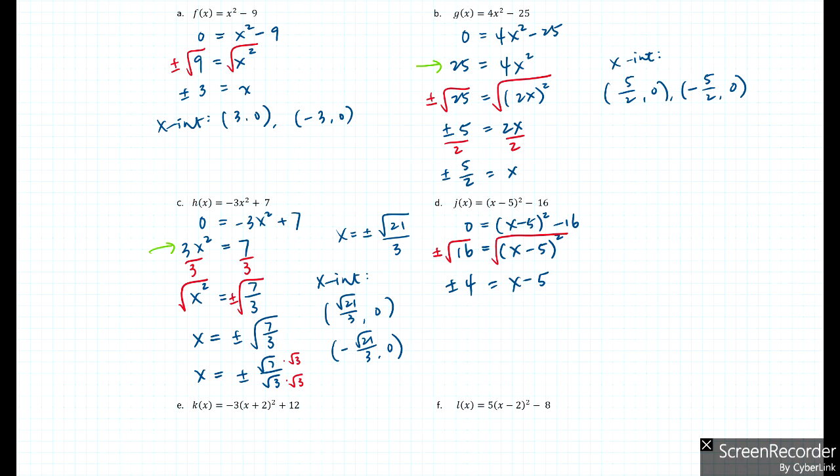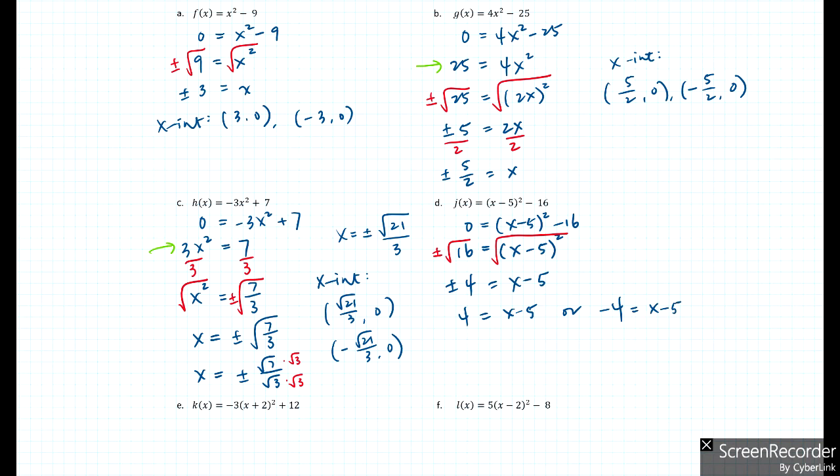So in order to solve it, I'm really solving two different equations. And this is where you want to be careful since we're solving two different equations. Write it out instead of just trying to add 5 directly to this lumped together positive and negative 4. So we really have 4 is equal to x minus 5, or negative 4 is equal to x minus 5. So we can fully simplify the answer.